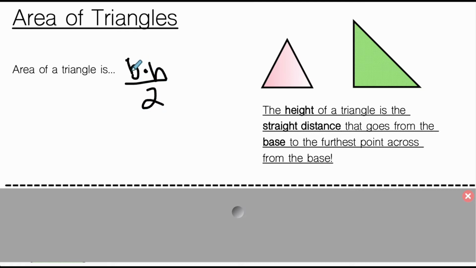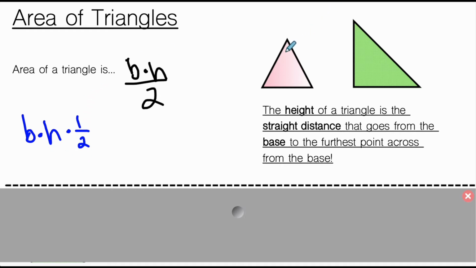One way to write the formula is base times height divided by 2. An alternative way to write that formula is base times height, still the product of the base and the height, but you could also multiply by 1/2 if you don't want to divide by 2. Choose which way you want to write the formula. It doesn't really matter.